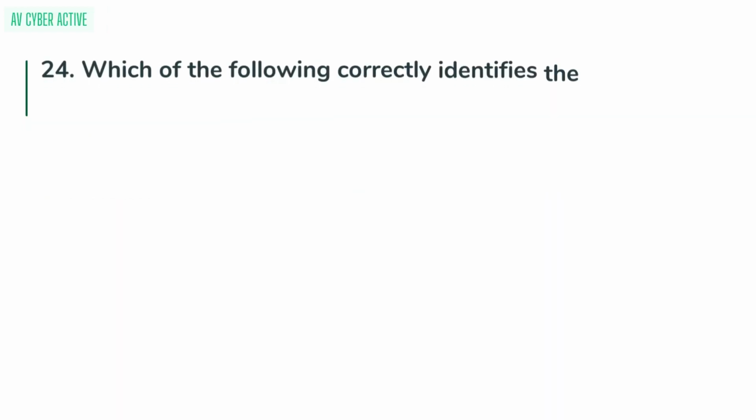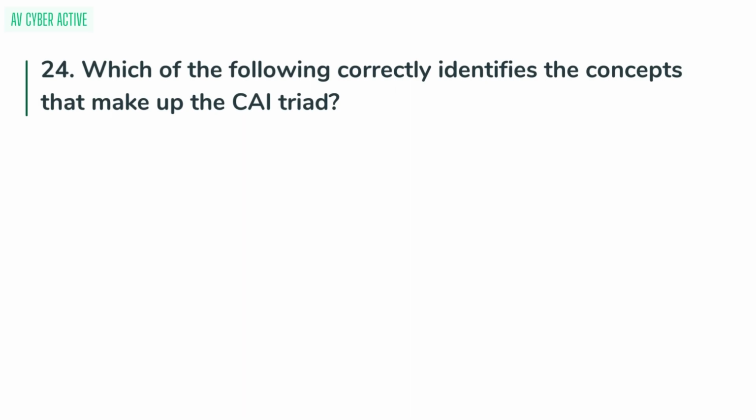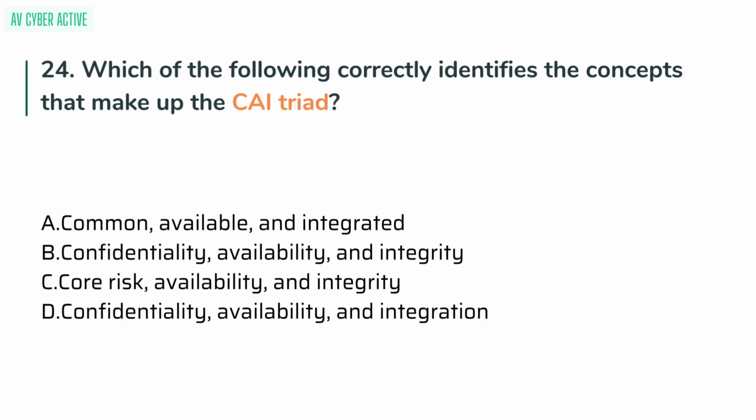24. Which of the following correctly identifies the concepts that make up the CIA triad? A. Common, available, and integrated. B. Confidentiality, availability, and integrity. C. Risk, availability, and integrity. D. Confidentiality, availability, and integration.